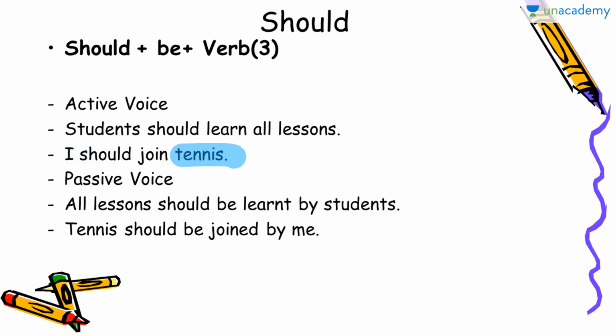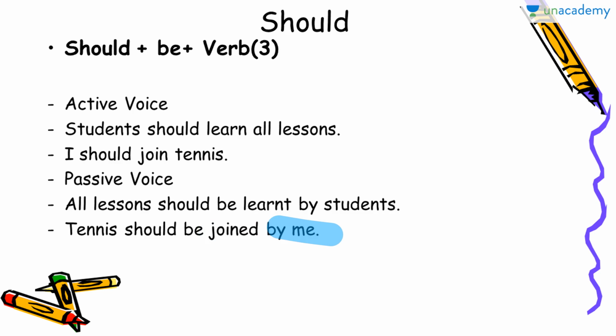And what joining? Tennis. Tennis will come in the starting, should at its own position, and in the same way then be is added because of passive voice. Join is in first form, it becomes joined, which is third form of verb, and by whom the work is done is mentioned in the last.